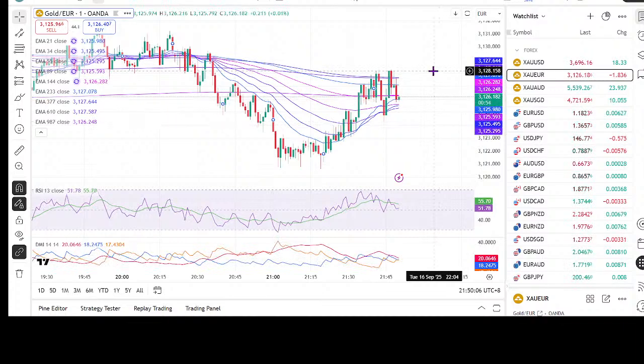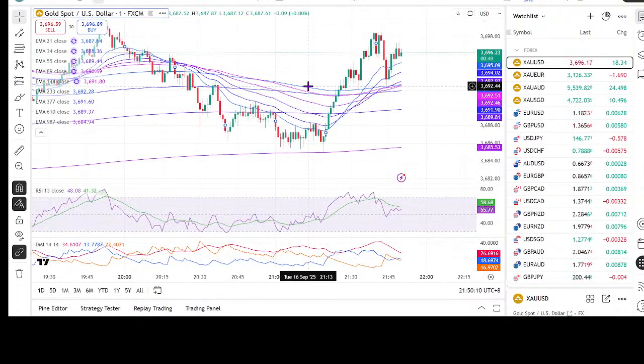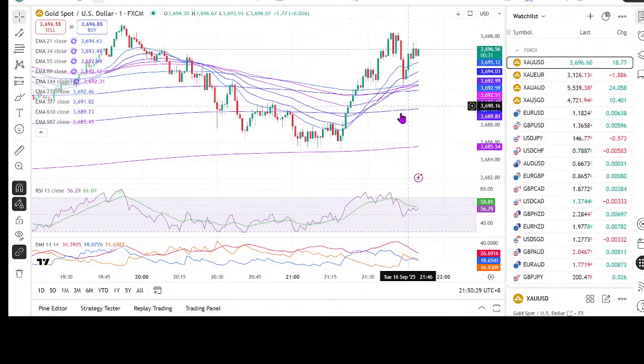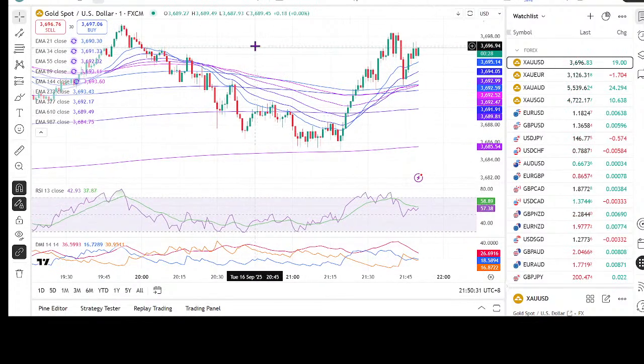The gold euro looks a bit weak. Because if the break happens, then it will be very easy, not to say easy, I will be very confident to give you a projected target.